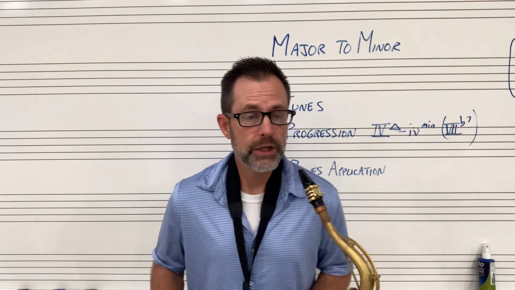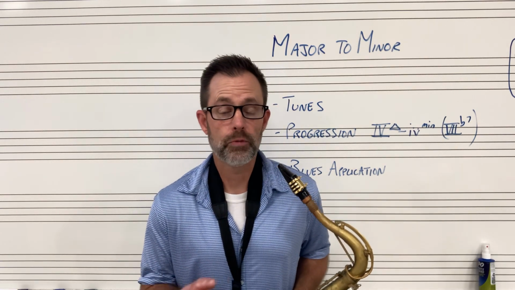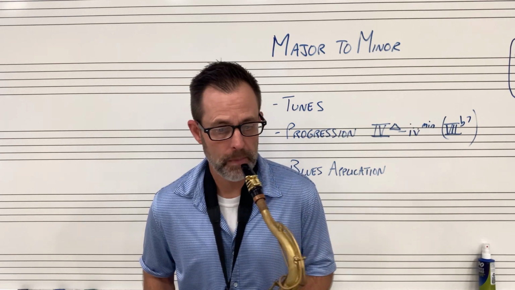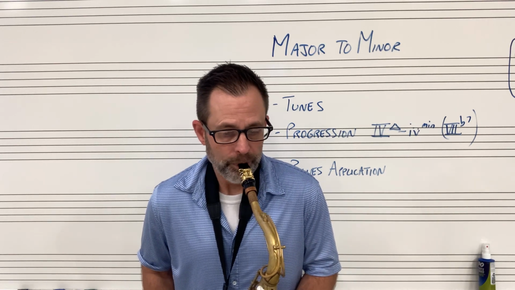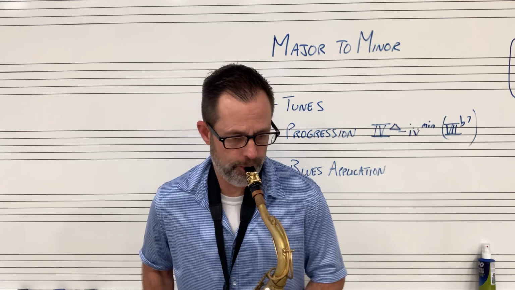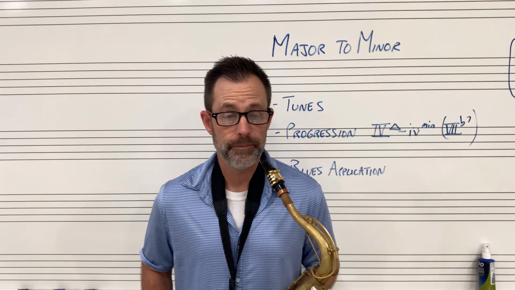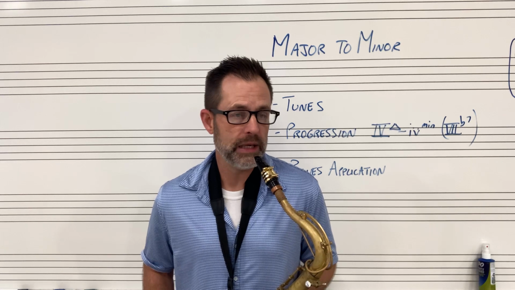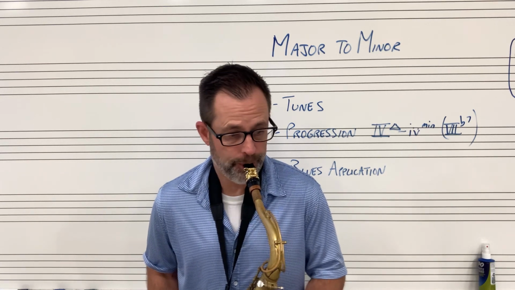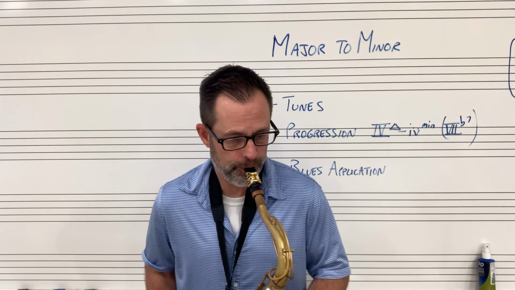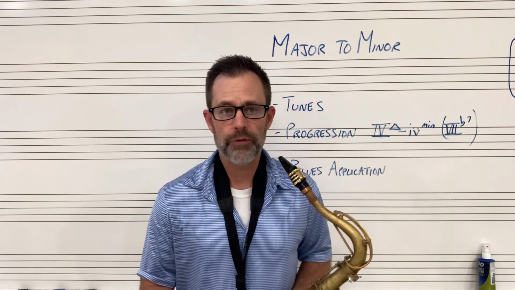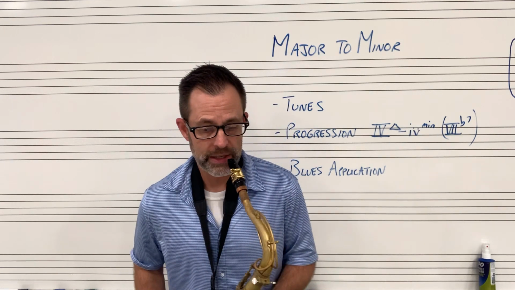I'm just going to use the C major scale and randomly move notes around, manipulate them. There's my major. Now, here would be the minor, where I'm manipulating it and just rearranging as well. So now, if I put them together, here's the major.